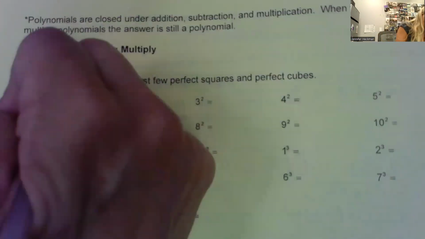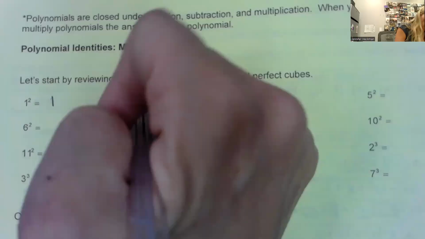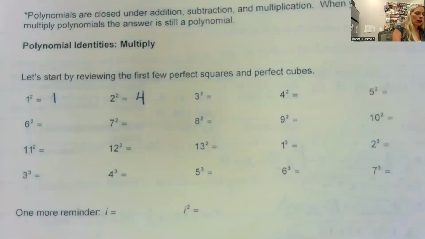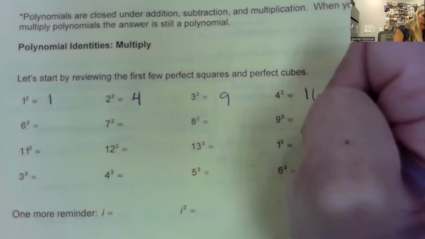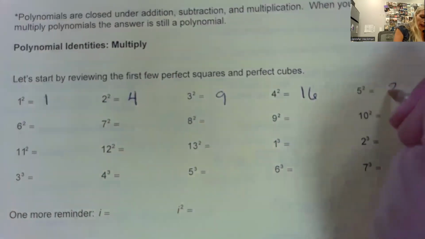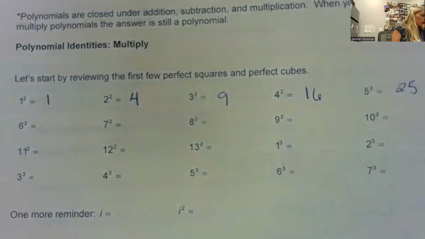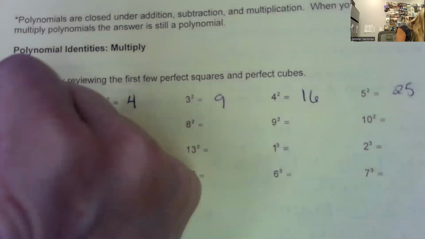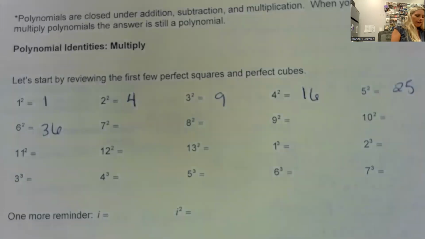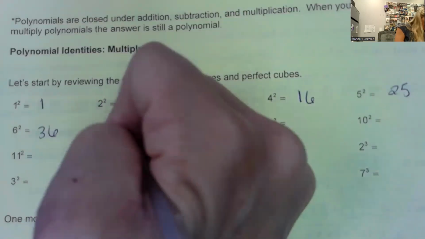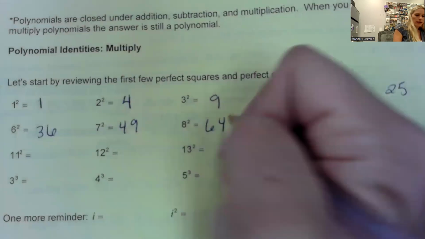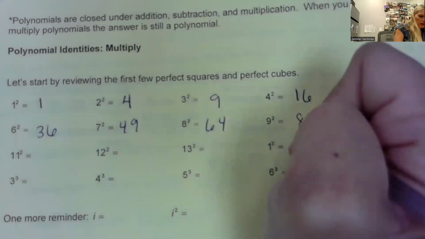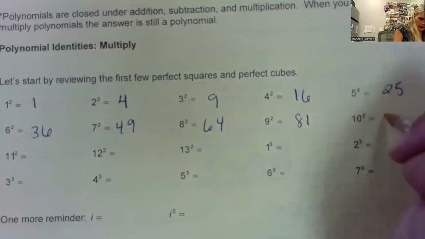So 1 squared is 1, 2 squared is 4, 3 squared is 9, 4 squared is 16, 5 squared is 25, 6 squared is 36, 7 squared is 49, 8 squared is 64, 9 squared is 81, 10 squared is 100.